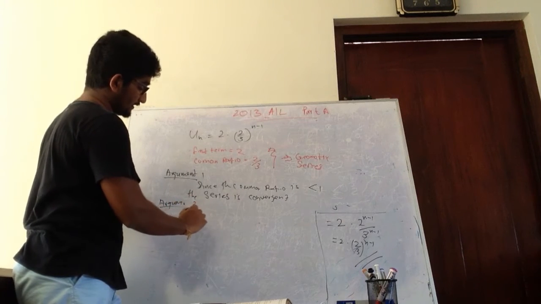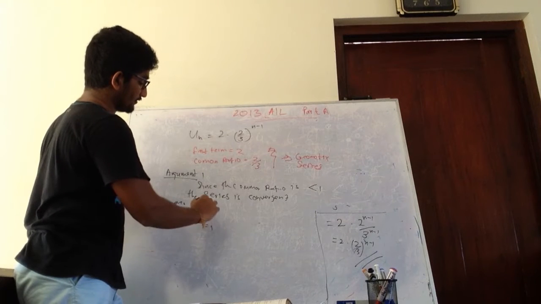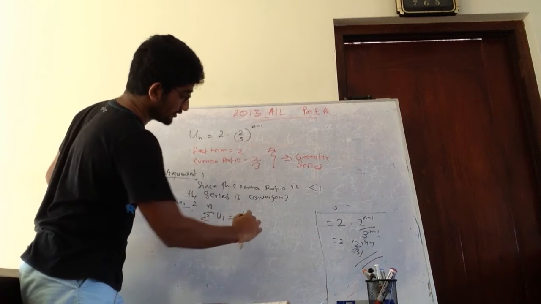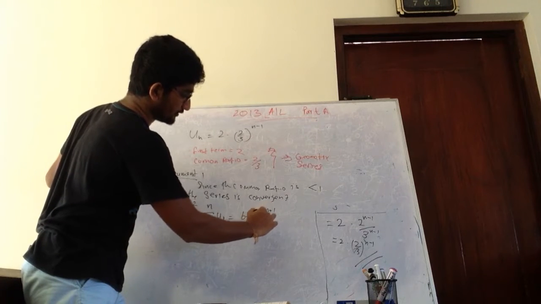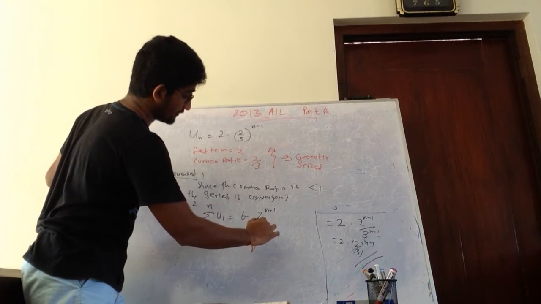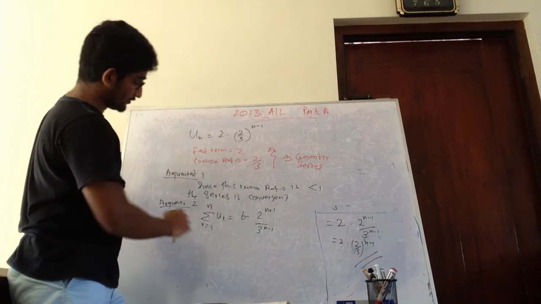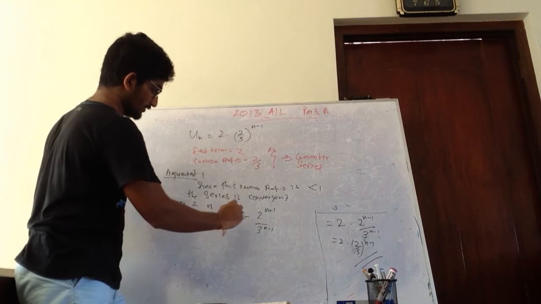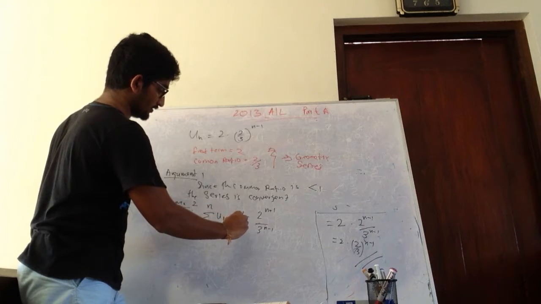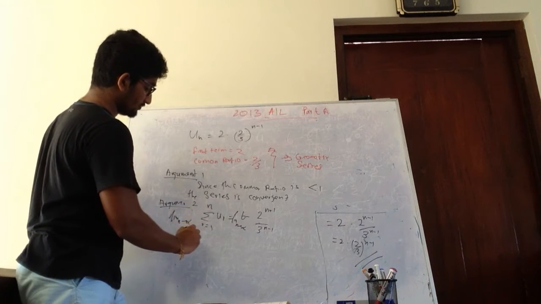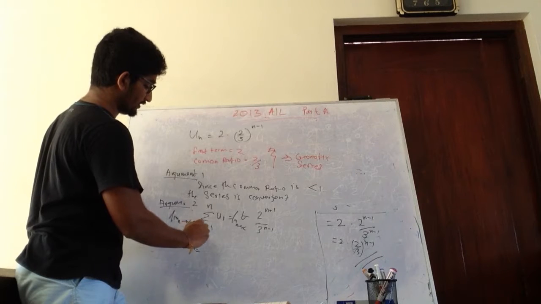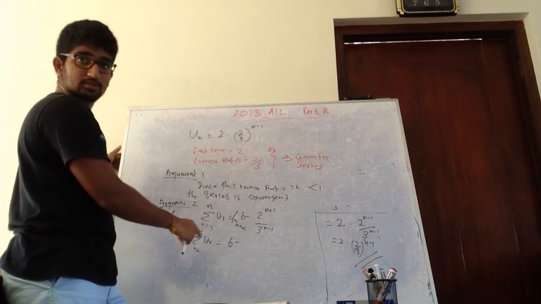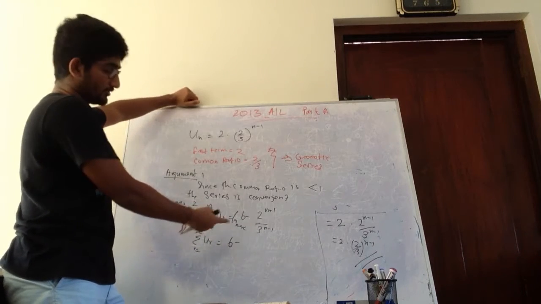So now you know that the sum from r equals 1 to n of u_r is 6 minus 2^(2n+1)/(3n-1). So you take the limit as n goes to infinity. This becomes the sum from r equals 1 to infinity of u_r, and the limit of 6 is going to be 6.